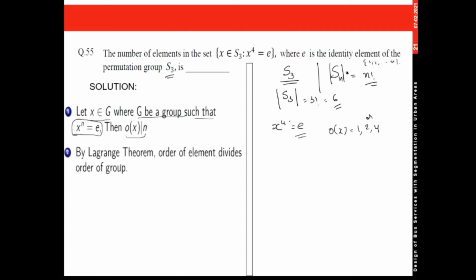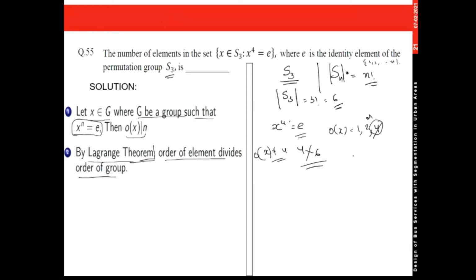So by Lagrange's theorem, the order of an element divides the order of the group. Okay, so the order of the group is 6, and therefore the order of x cannot be equal to 4, because 4 doesn't divide 6.